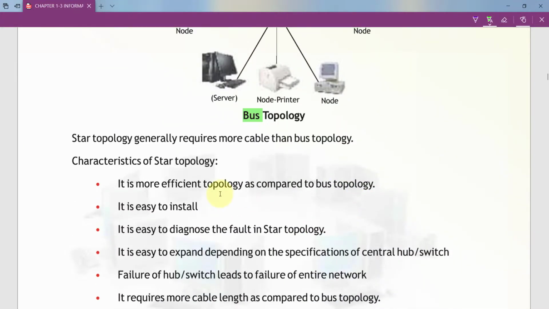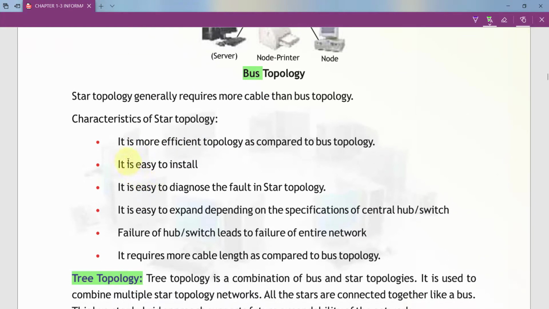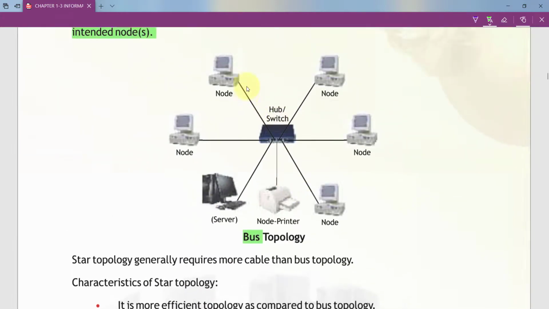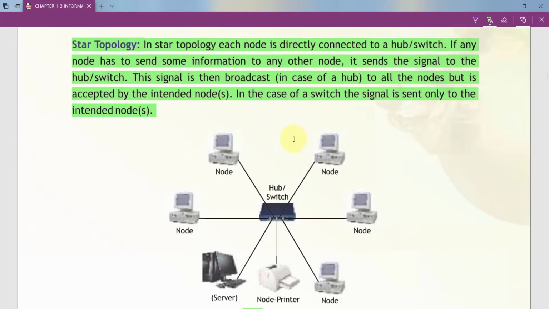Now we learn its characteristics. What are its characteristics? It is a more efficient topology as compared to bus topology. So we compare this topology with bus topology. So it is an efficient topology. Clear? Means we can easily create the star topology.